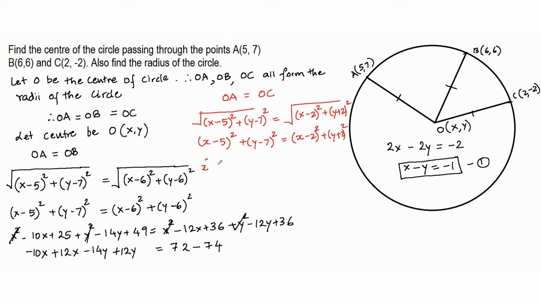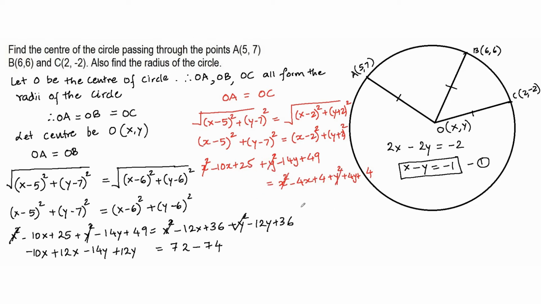So this becomes x square minus 10x plus 25 plus y square minus 14y plus 49 is equal to x square minus 4x plus 4 plus y square plus 4y plus 4. Now x square cancels on both sides, y square cancels on both sides.